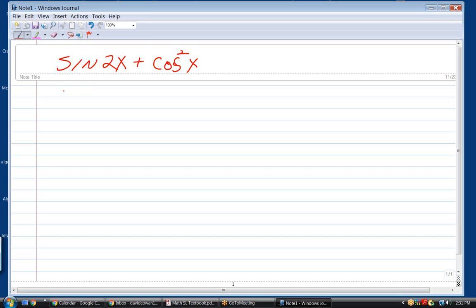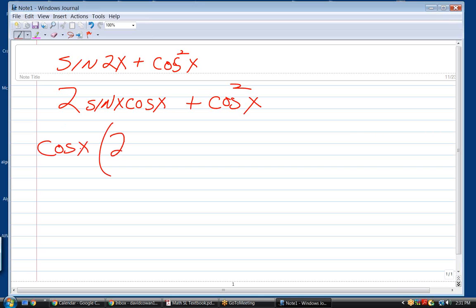Doesn't that equal 2 sine times cosine, plus cosine squared x? Now what can you do? Factor out a cosine. You have left 2 sine plus 1, and then 2 sine plus cosine x.